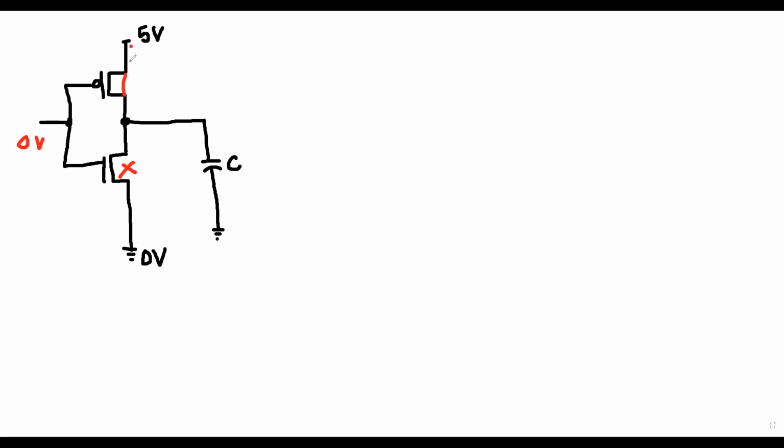So what happened? A current comes, right? Where will this current go now? Can it go to the ground? No, sir. So this current will go in this way. Then it will charge the capacitor. Remember the capacitor charging, right?